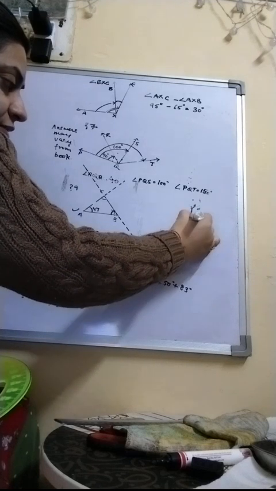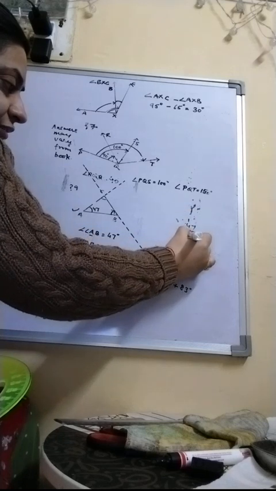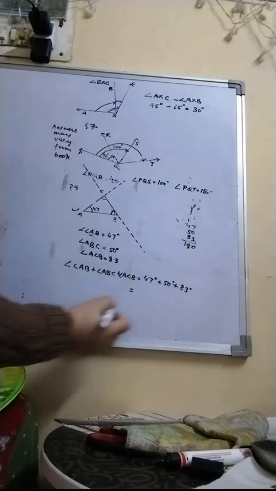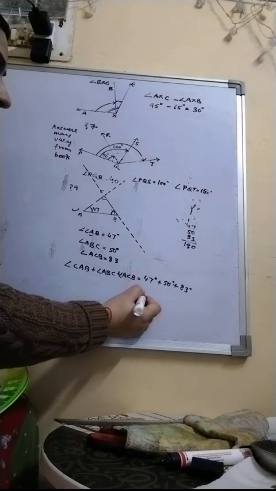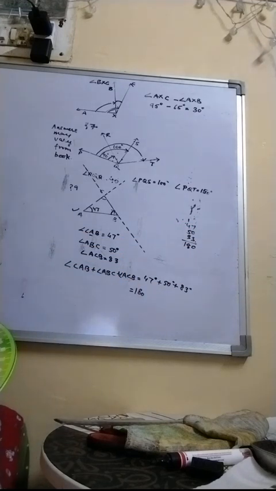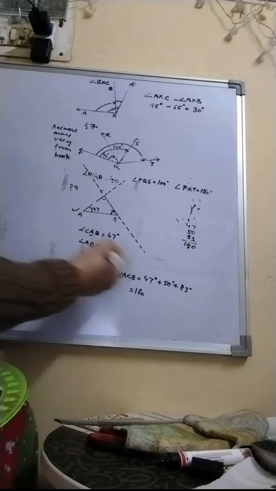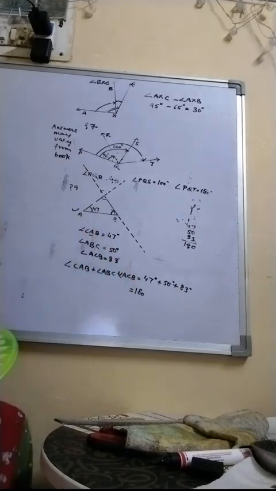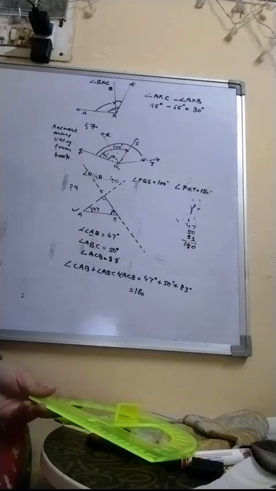This is 7 plus 3, 10. 5 plus 5, 10 plus 8, 180 degrees. So the answer comes out to be 180 degrees. So this is how you have to do the question.